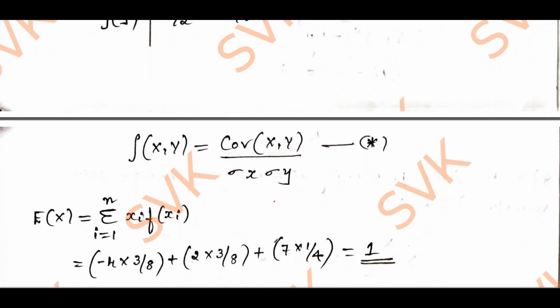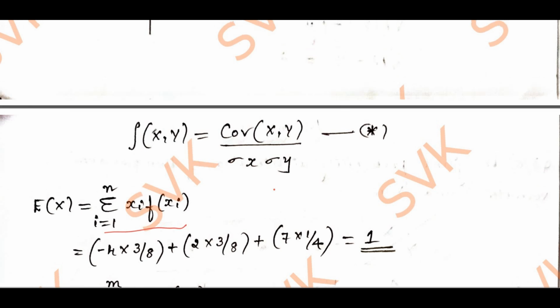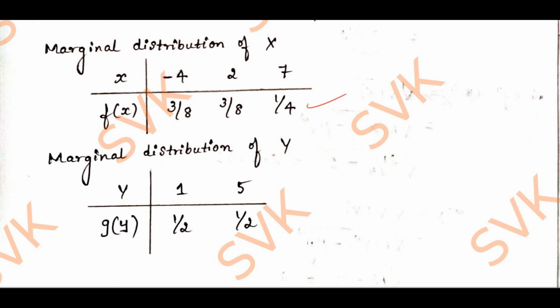We can find E of x easily. E of x is given by the formula, and again you can make use of the handbook, where they have provided how to find E of x: sum over i equal to 1 to n of xi f of xi. These are the values. Just now I said this value is x1, this is x2, this is x3, and this is f of x1, f of x2, f of x3.